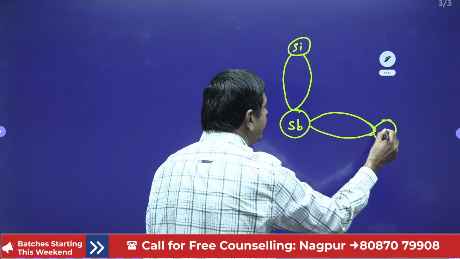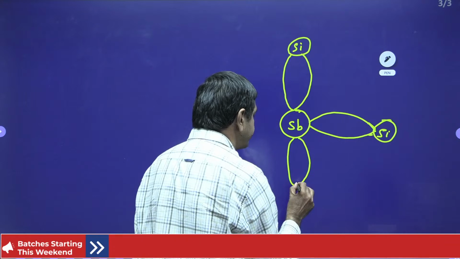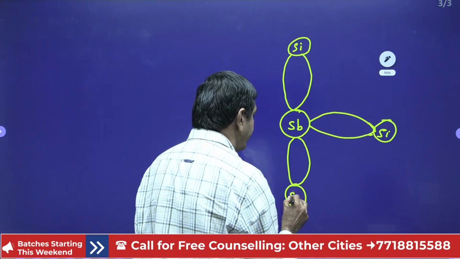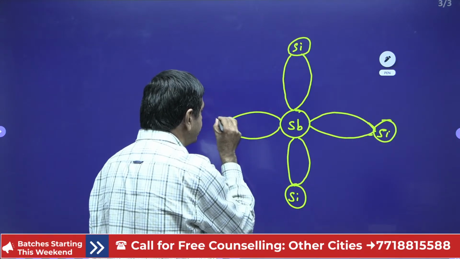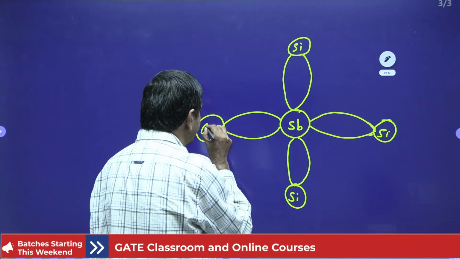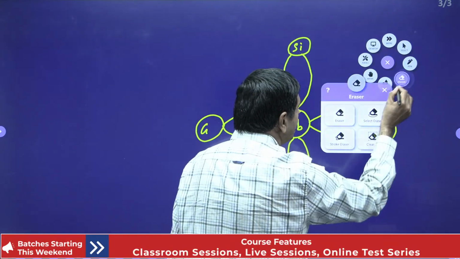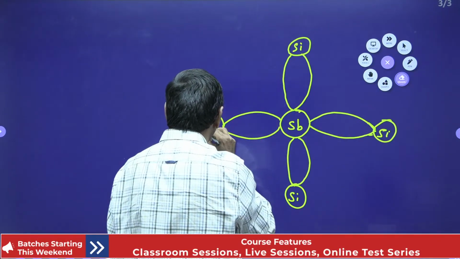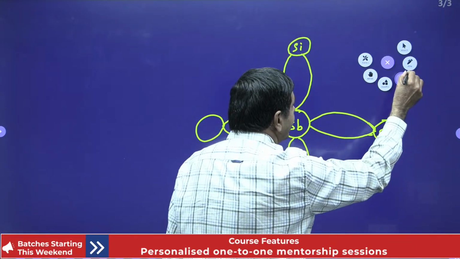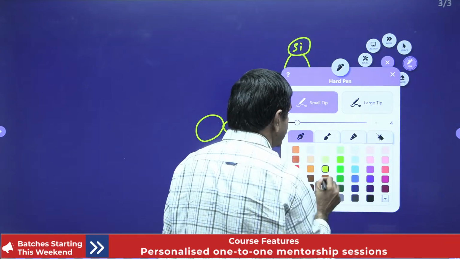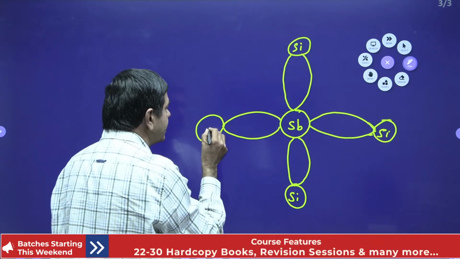I have taken silicon this side. This is silicon. Why this diagram? You will understand clearly now.